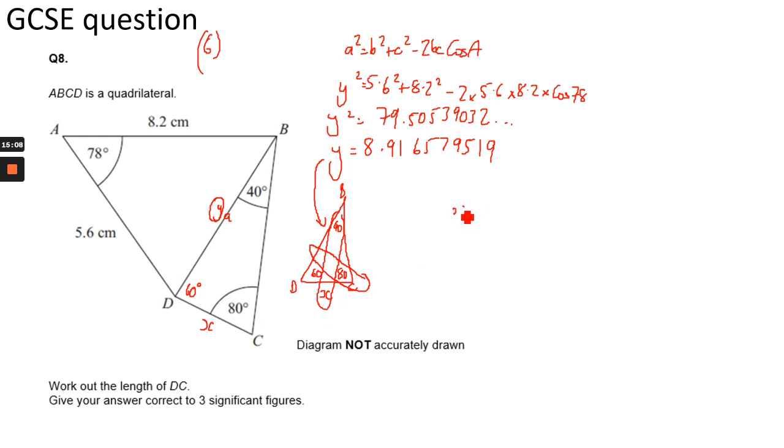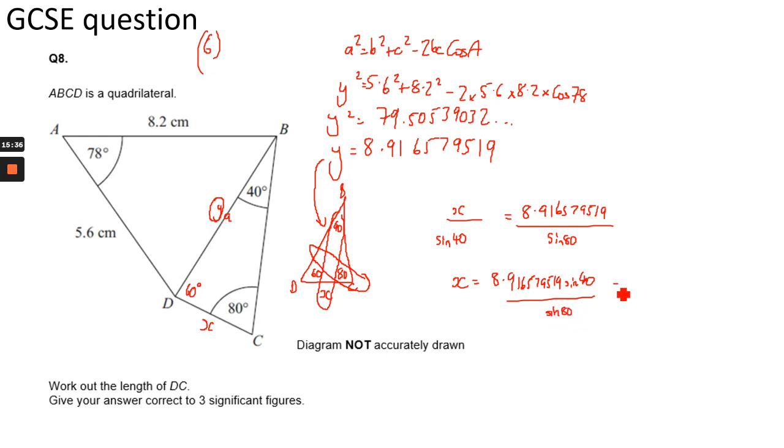I'm going to have x over sine 40 is equal to 8.9165799519 over sine 80. So then if I multiply both sides by sine 40, I've got 8.9165799519 sine 40 over sine 80.